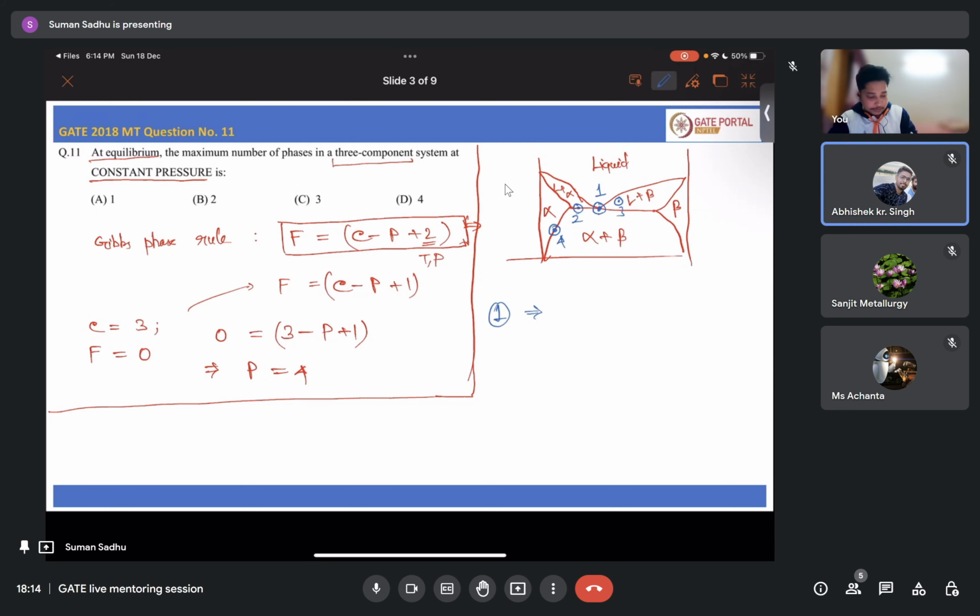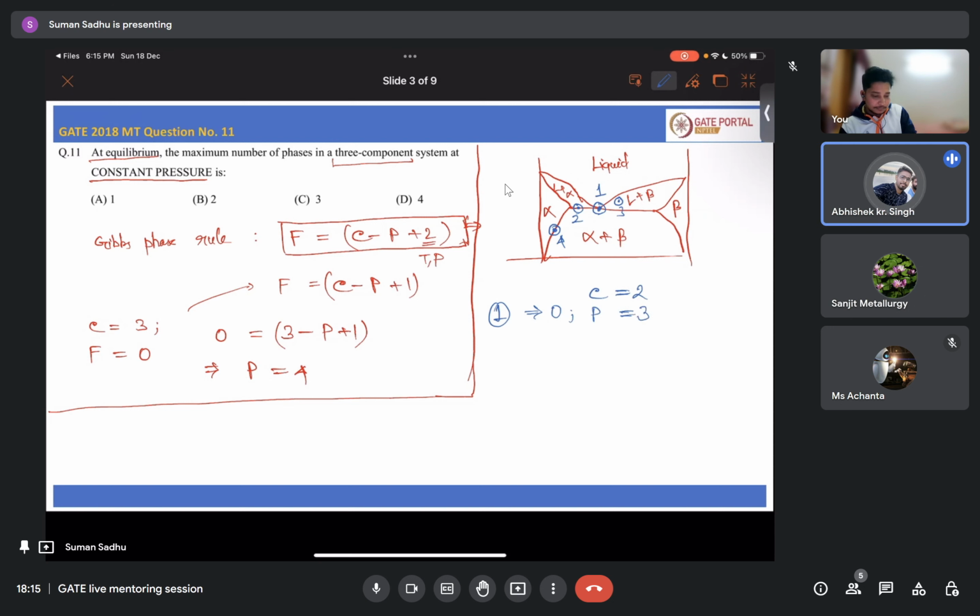0. Why? Sir, just go by the phase rule. So here what is the number of components? C is equal to 2, sir. Phases, 3, sir.